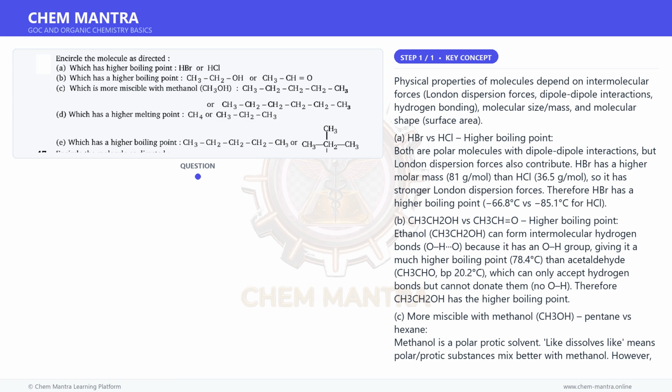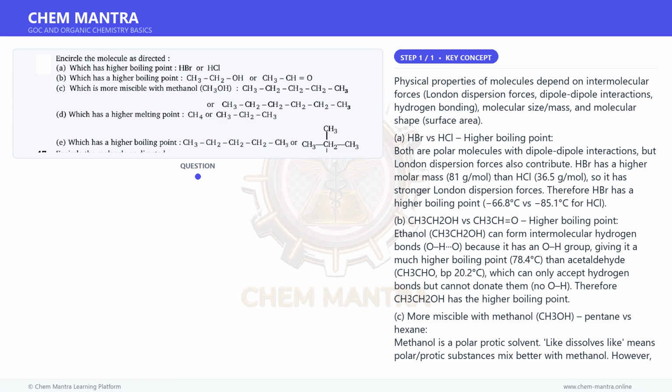D. CH4 versus CH3CH2CH3, higher melting point. Propane, CH3CH2CH3, has a higher molar mass and larger surface area than methane, CH4, resulting in stronger London dispersion forces.